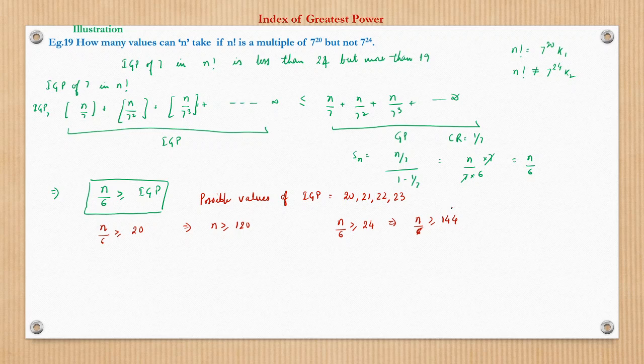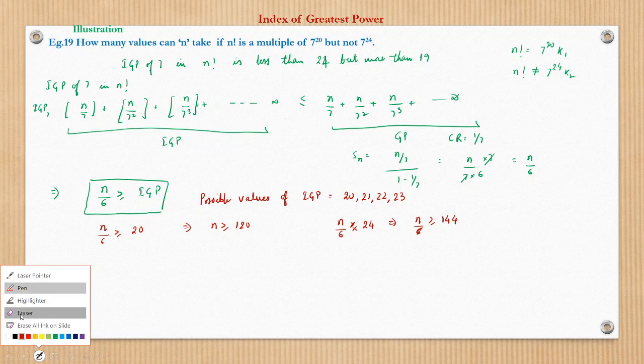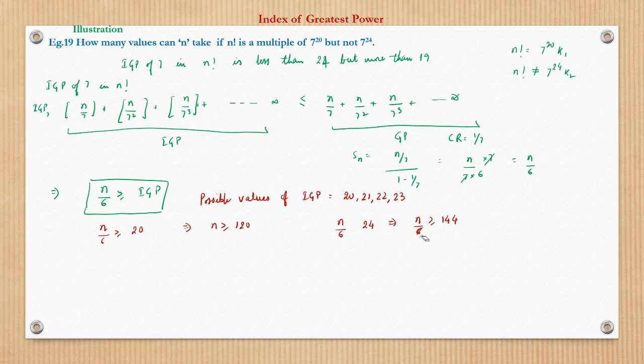So from here, this will be less than equal to that. So this roughly gives me the range for n, roughly between 120 to 144.